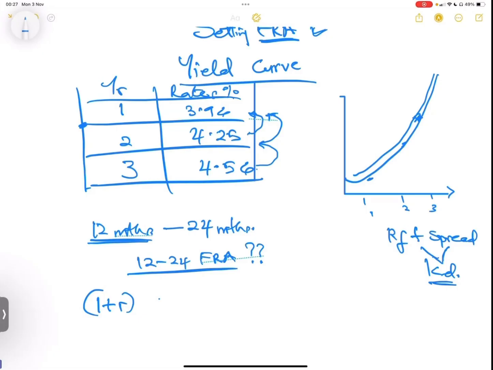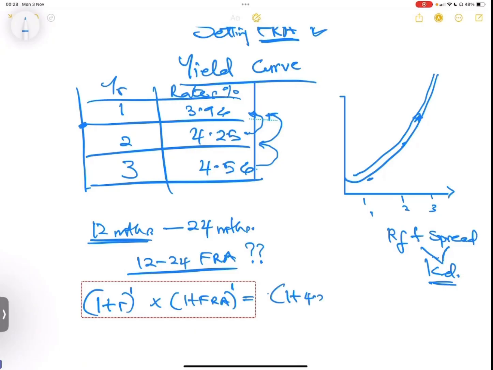If you multiply this by 1 plus your FRA rate, where N is 1 here and N is also 1 here, you expect that to give the annual rate of 2 years, which is 1 plus 4.25% raised to power 2.